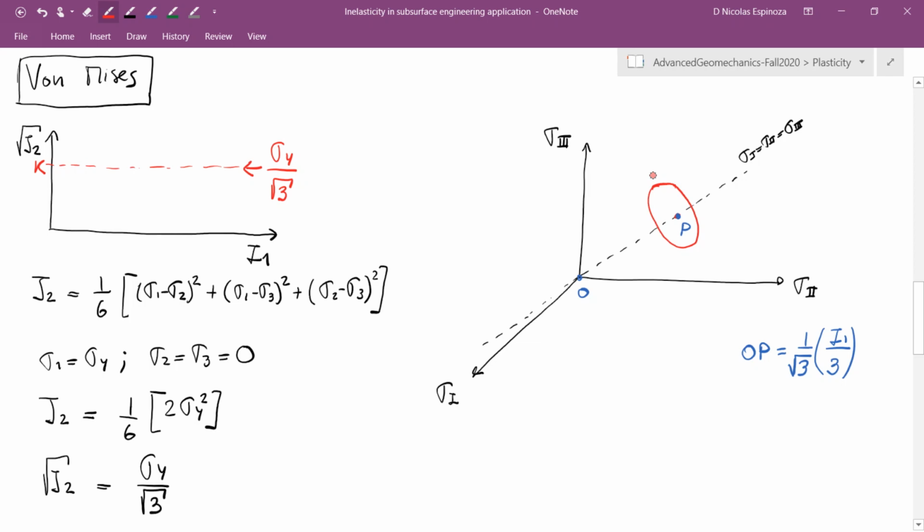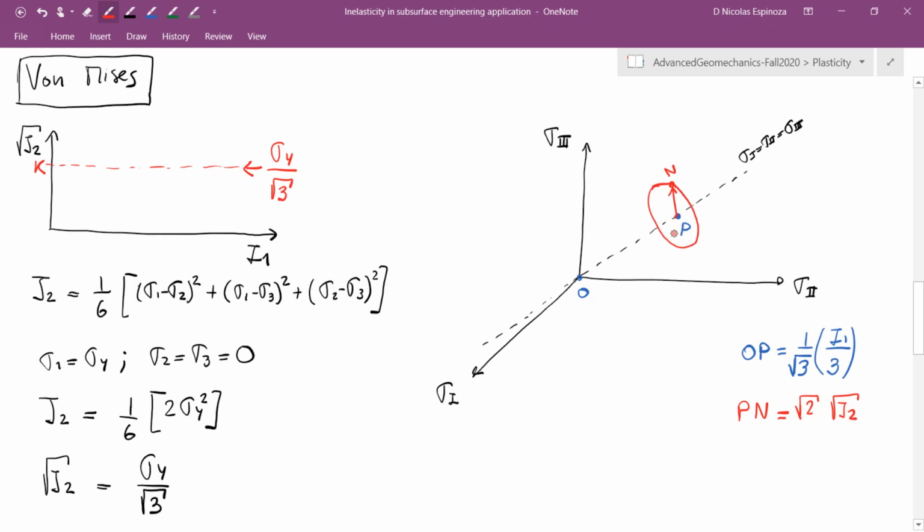Okay, where if this is a point N on the yield surface, the distance Pn, by geometry, you can find that is going to be equal to the square root of 2 times the square root of J2. This is just by geometry.